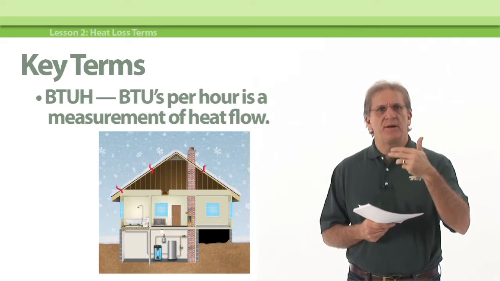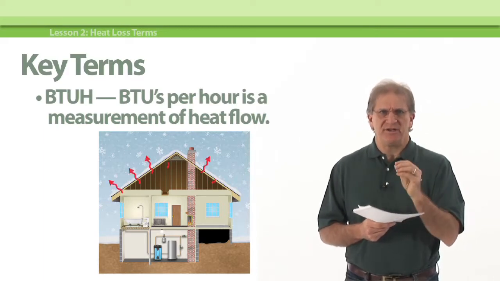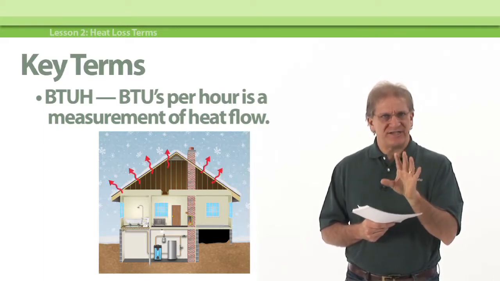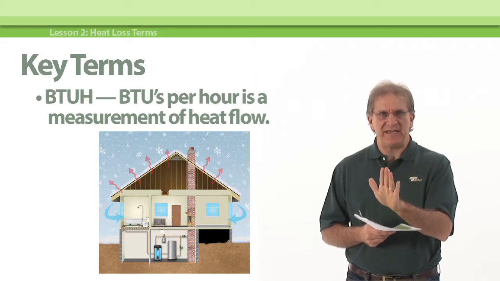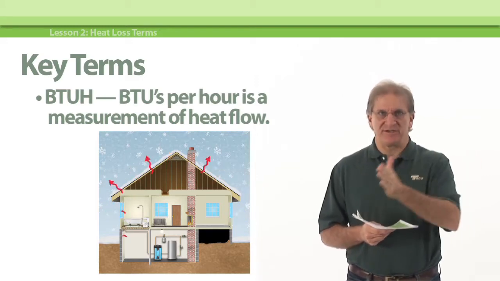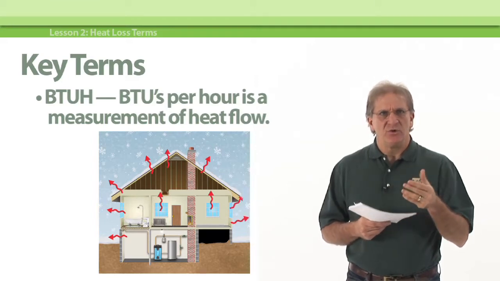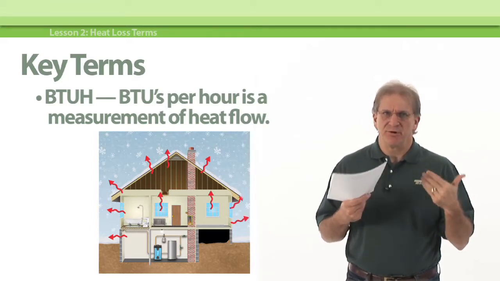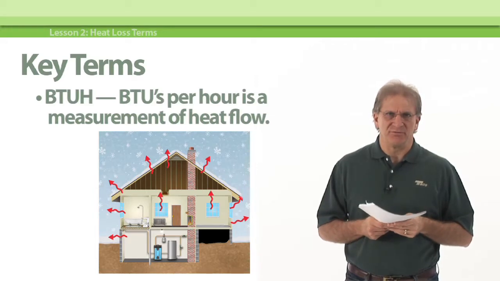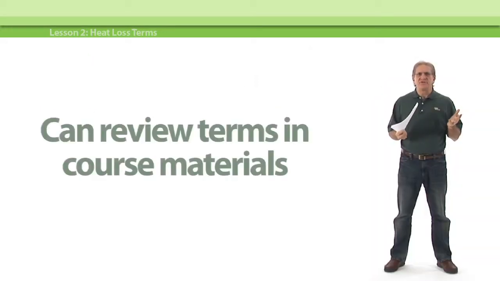That's BTUs per hour, and it's a measurement of heat flow. Now heat loss is actually flow. It's the flow of heat out of the structure from inside to outside. When we know the BTUH heat loss, we know how much heat we have to replace per hour to keep the occupants comfortable. Now you can review these terms at any time in the glossary for the course.